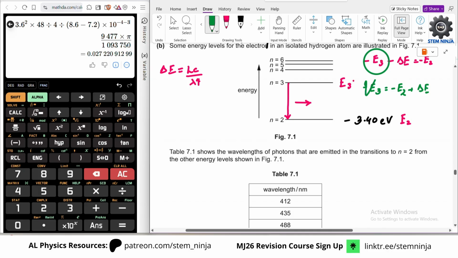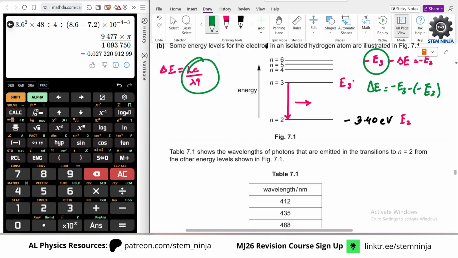So first off, we basically need the energy level. So we will go back and make it the same as before, as we wrote. The difference in energy level, which is equal to hc over lambda, will be equal to minus E3 minus E2.